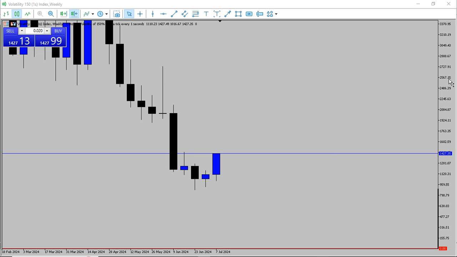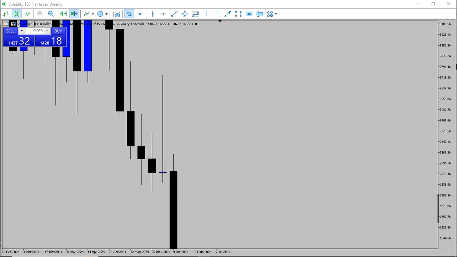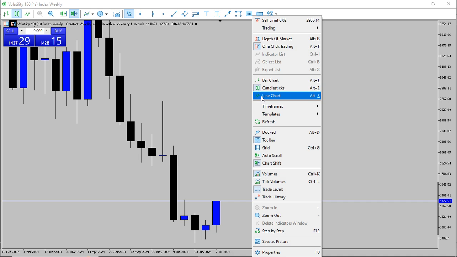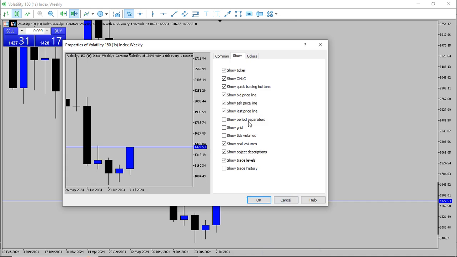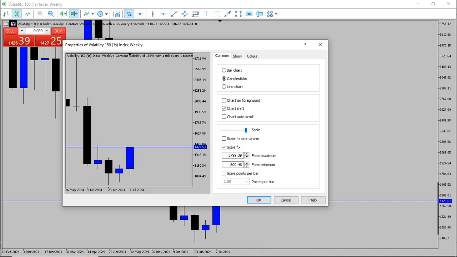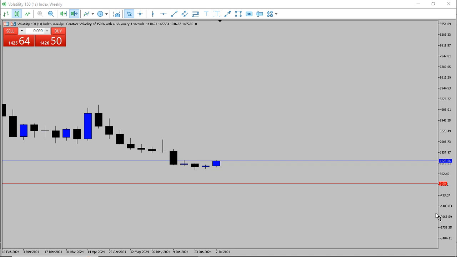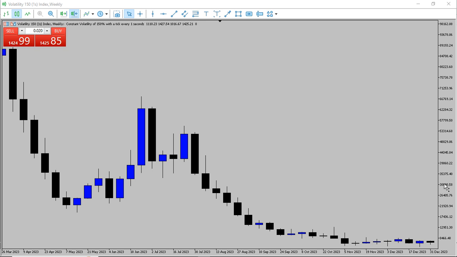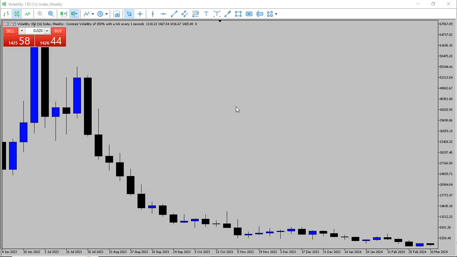Now if you want to do this like TradingView, just like I'm scrolling this, you can click on F8, or you go to properties and go to common, and just activate your scale fix. Because if I turn off the scale fix, I cannot move my MT5. You see how I just do this, and it doesn't expand.